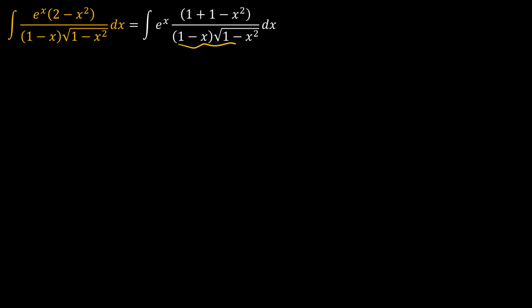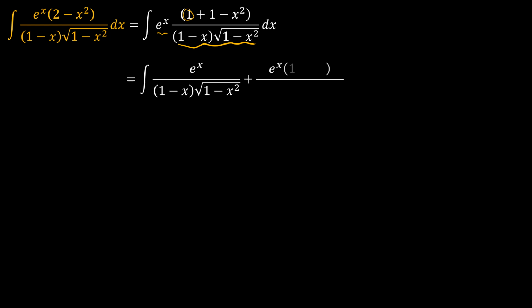We have the 1 here and the e to the x. So we have e to the x over 1 minus x times 1 minus square root of 1 minus x squared, and then we have e to the x times 1 minus x squared over 1 minus x times the square root of 1 minus x squared.